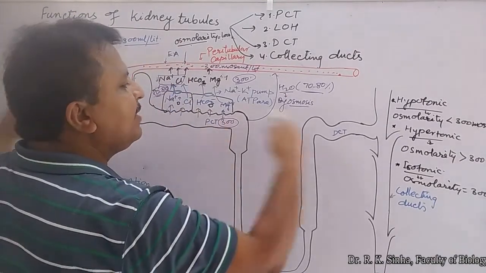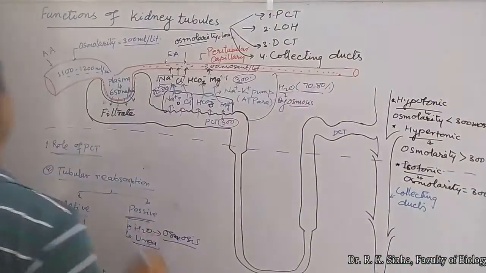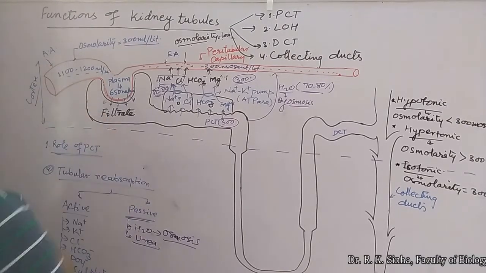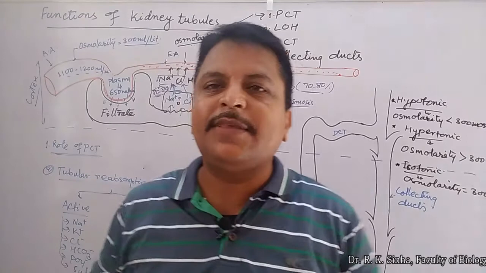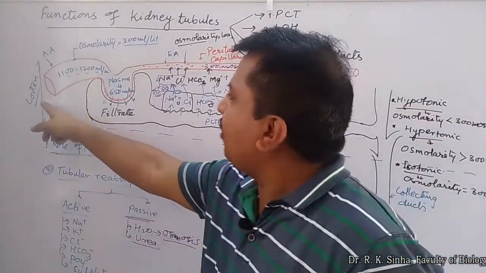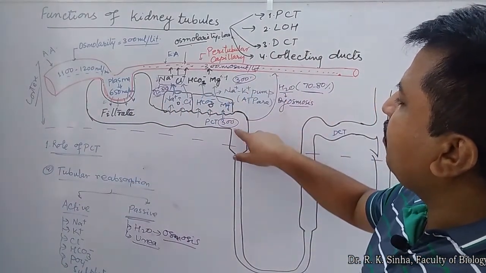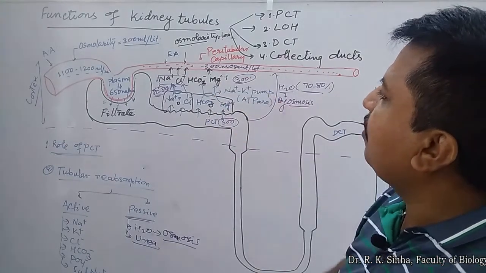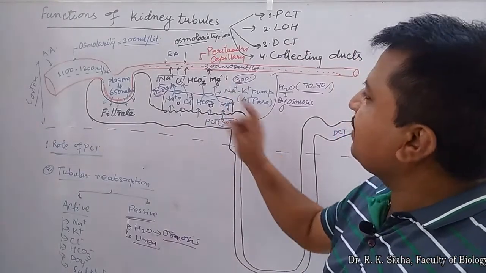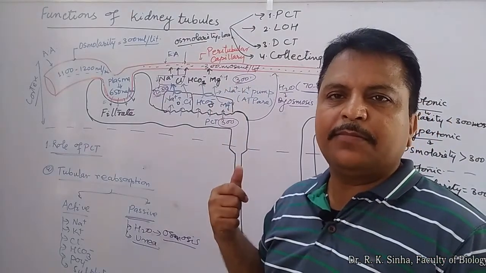It means this entire cortex part of the kidney has 300 milliosmol per liter osmolarity. Here we are watching, this is 300 milliosmol per liter, this is also 300, this is also 300. If there is a gradient in this concentration, it will continue reabsorbing.